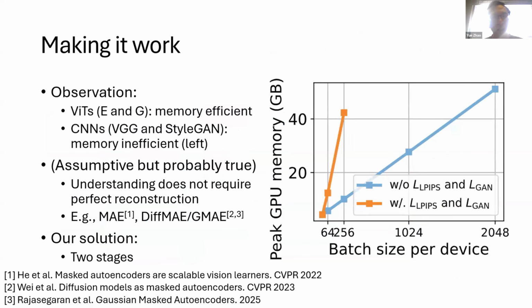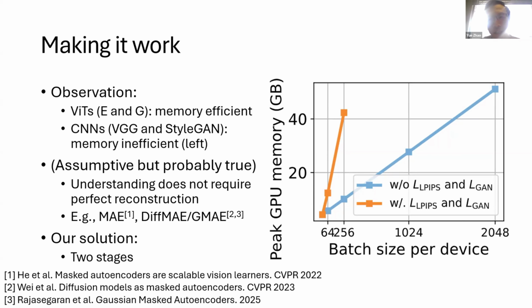So first, here are the details of how we make things work. The first observation is that the ViT for the encoder and the generator are memory efficient, because we have so many tricks for making transformers memory efficient, for example, flash attention, selective gradient checkpointing, etc. But the CNNs used in the perceptual loss and the discriminator for the GAN loss are not very memory efficient.